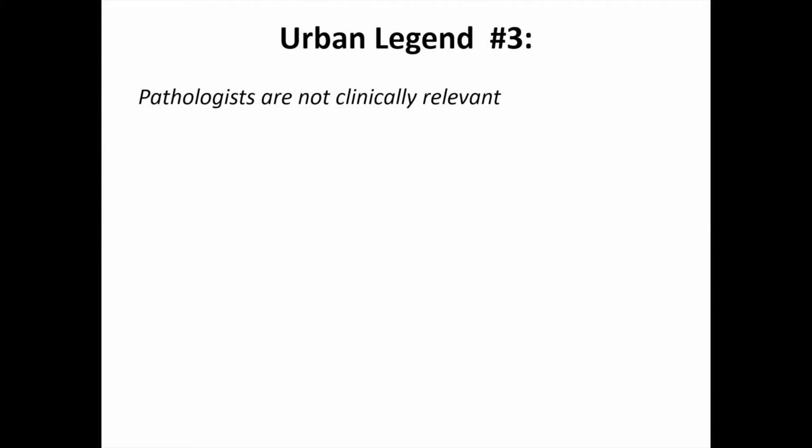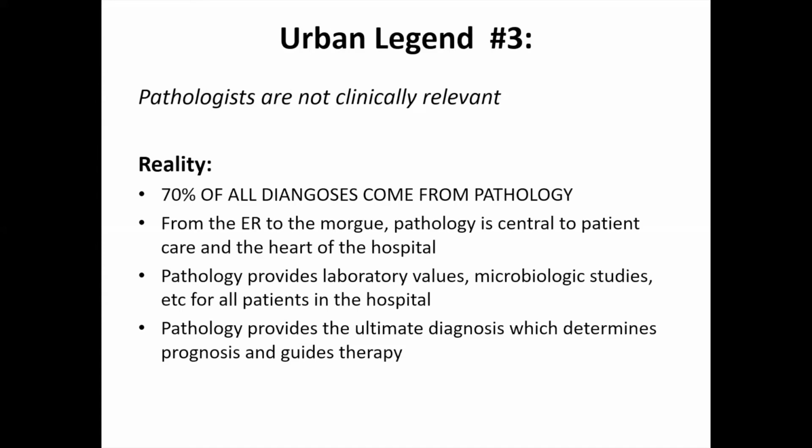All right, so pathologists are not clinically relevant. That is absolutely not true. So we know that 70% of all diagnoses come from pathology. I mean, all fields are important, but this one's really important, right? And so this comes from every moment being governed by pathologists. From when the patient's born, that placenta goes to pathology. The labs on that baby are sent to pathology.